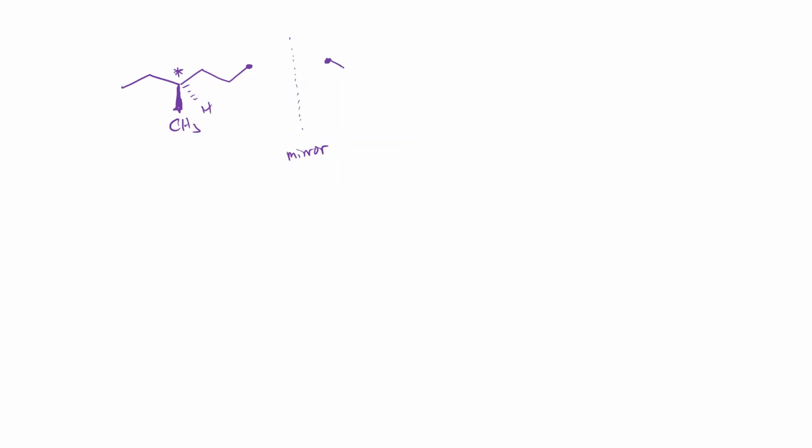And then as we move away from the mirror, we do the same thing in the reflection. This methyl group is going to be reflected over here, CH3, and the hydrogen is going to be reflected there. And so this is the mirror image. We've drawn the mirror image of this compound. So here's our original, and here's our mirror image.